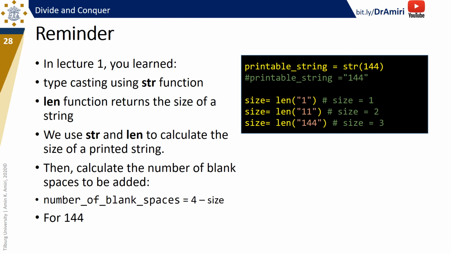So for example, for 144, we can say 4 minus 3 equals 1. Therefore, we just need to print one blank space. But for 1, the size is also 1. Therefore, the number of required blank spaces is 4 minus 1, which is 3. So we need to print 3 blank spaces.